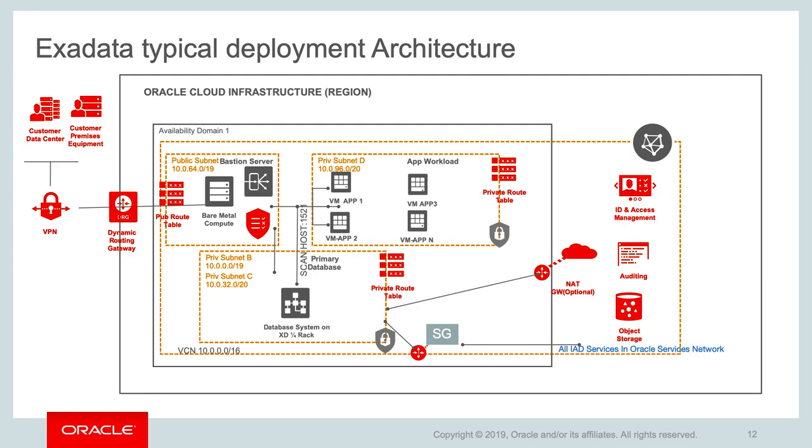For example, if you take a CIDR block of /19, 10.0.0.0/19 VCN, it can go all the way up to 10.0.64.0/19. Or if you select a /24 CIDR, it can also go from 10.0.0.0/24 to 10.0.2.0.